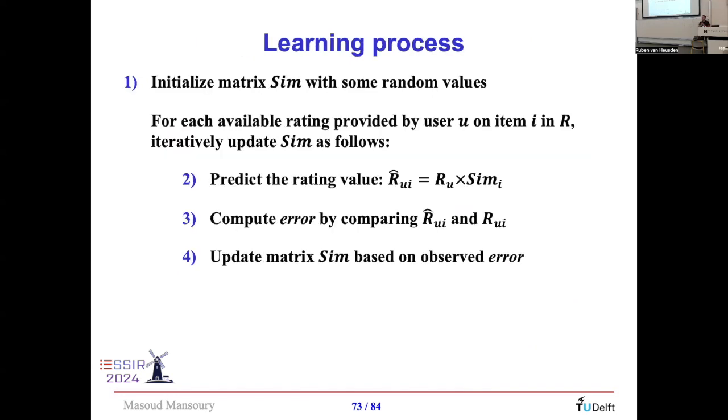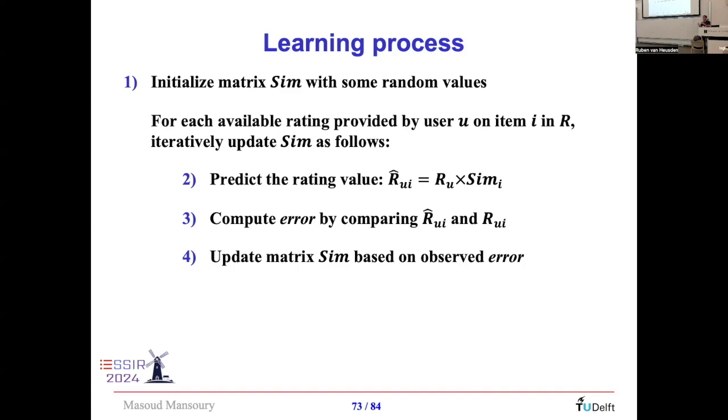While SLIM is more efficient than item-based neighborhood model, still the optimization process for this model requires a lot of computations because we have to go through all the interaction data in our input.